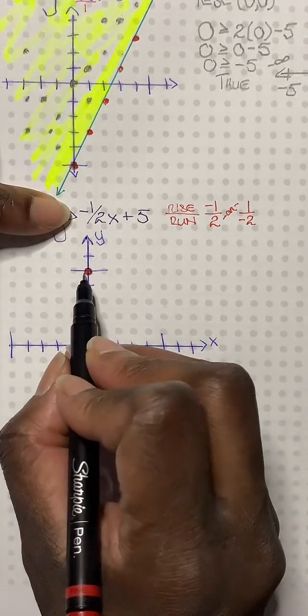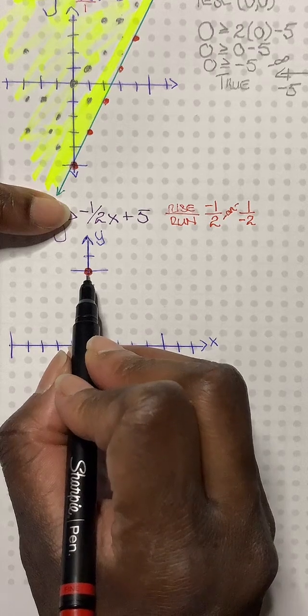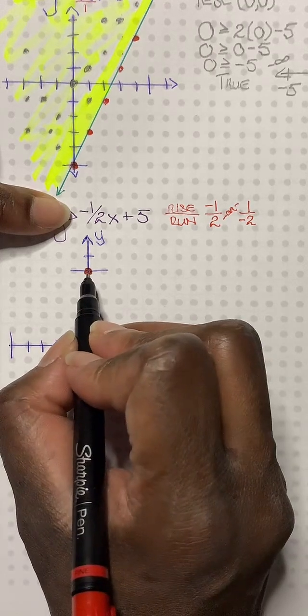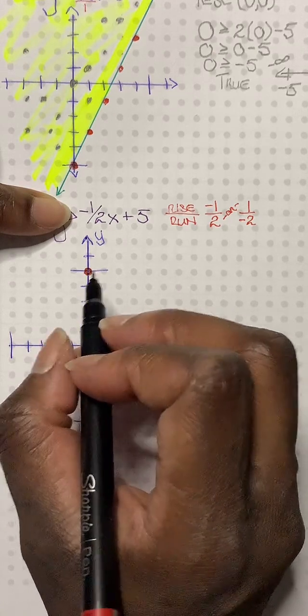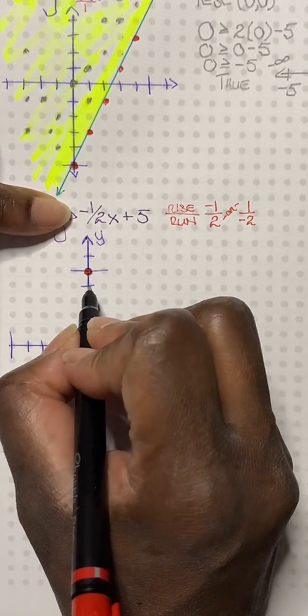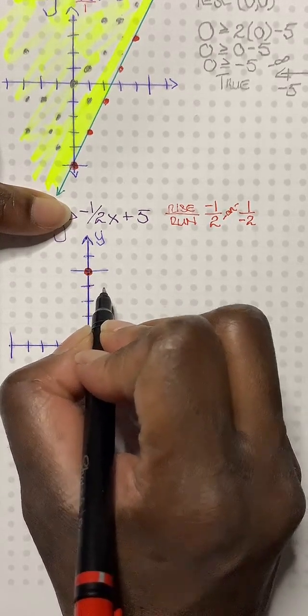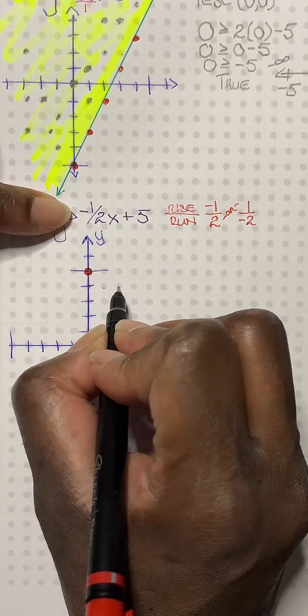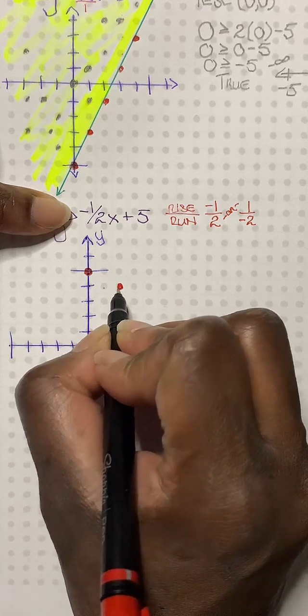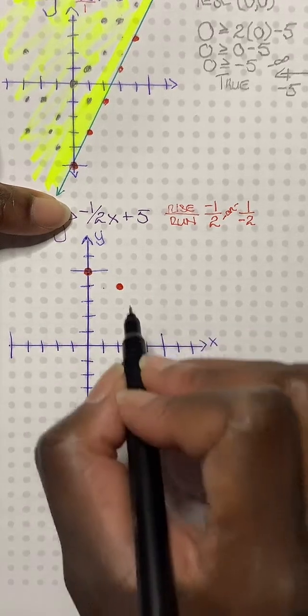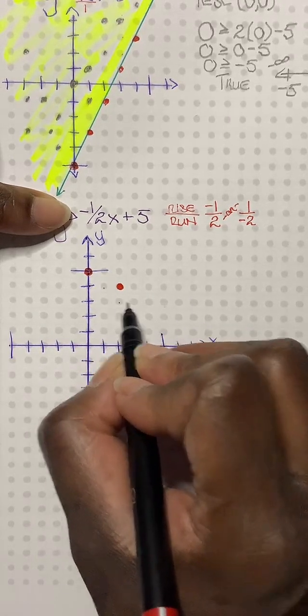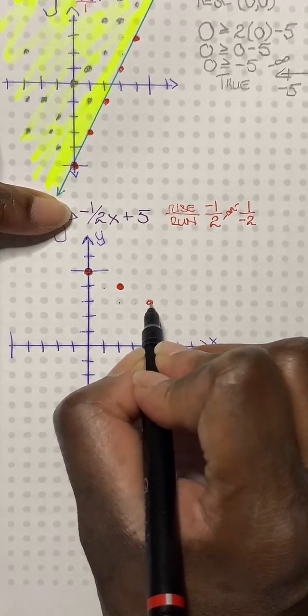So starting from my y-intercept, I can go basically down 1, because that's my rise, and over to the right 2 to make my point. Okay, so I'm going to go down 1 to the right 2.